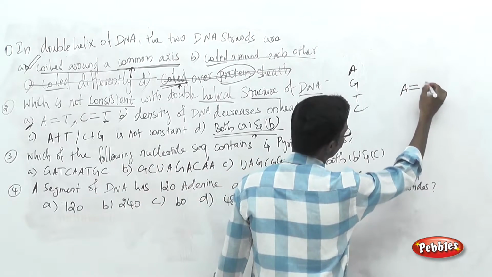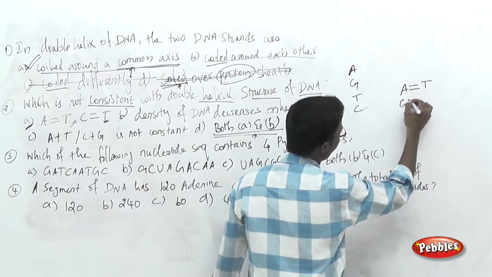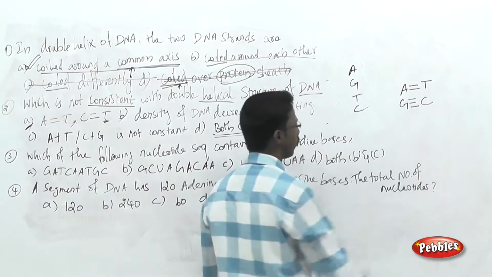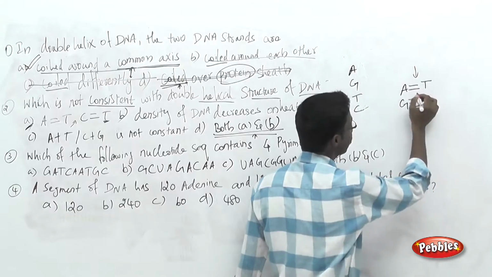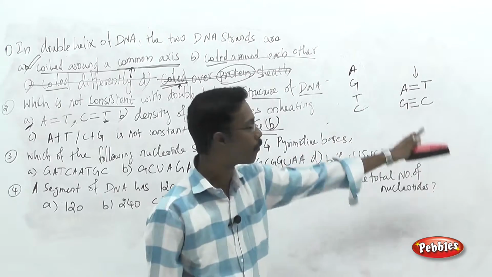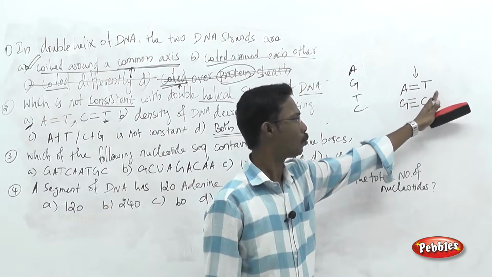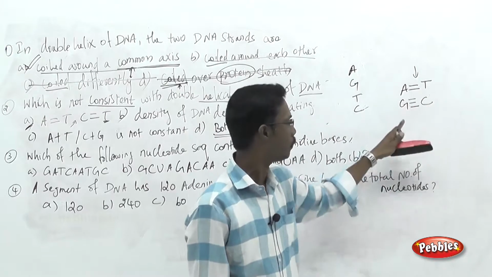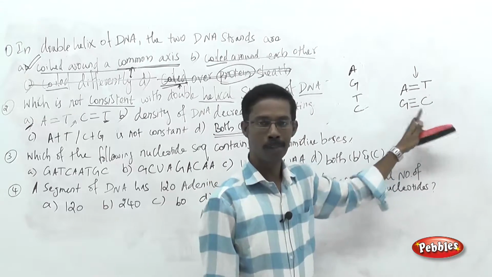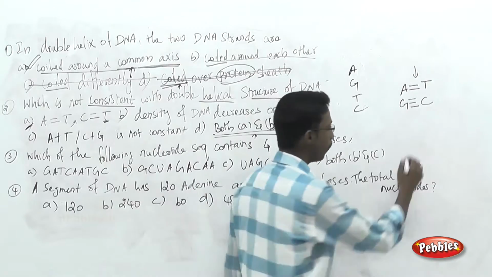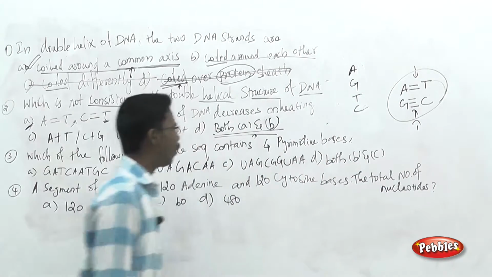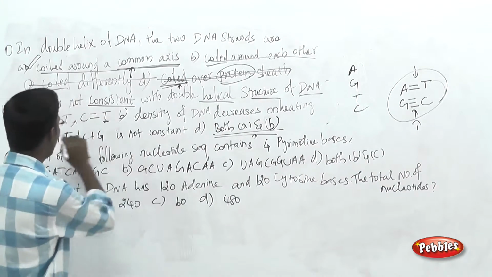Adenine always pairs with thymine, guanine always pairs with cytosine. Over here we are mentioning these as hydrogen bonds, not as equal to. Adenine pairs with thymine by means of 2 hydrogen bonds, guanine pairs with cytosine by means of 3 hydrogen bonds. So remember this and come back to this.